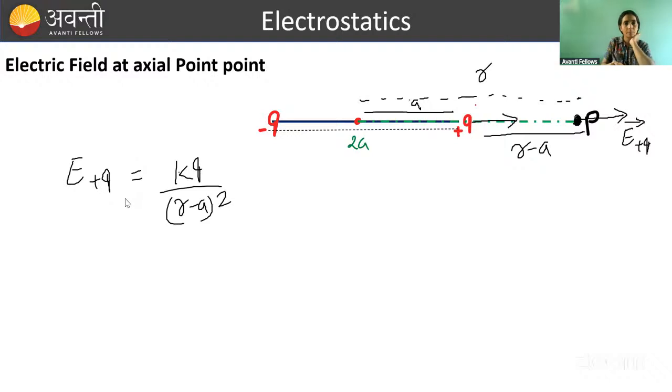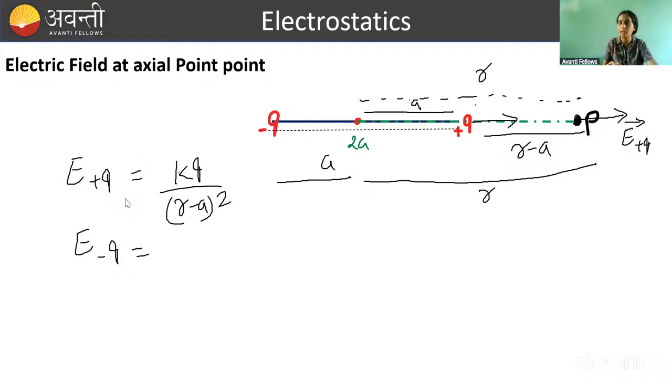Okay? Now let's calculate the electric field at that point because of the negative charge. First, let us calculate the magnitude. How much will it be? This whole is R, this is R, and this is A, so the total distance is R plus A. Now you will write kq by (R plus A) whole square. Okay? Done? Now what will be the direction? Because of the negative charge, the electric field will end at the negative charge.